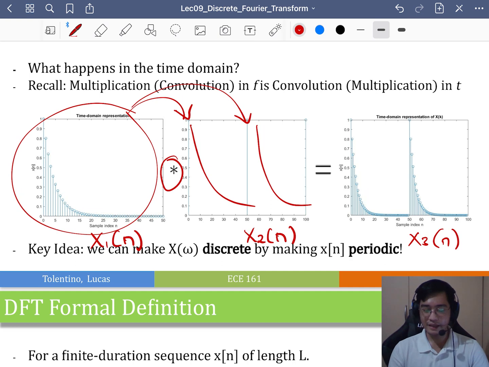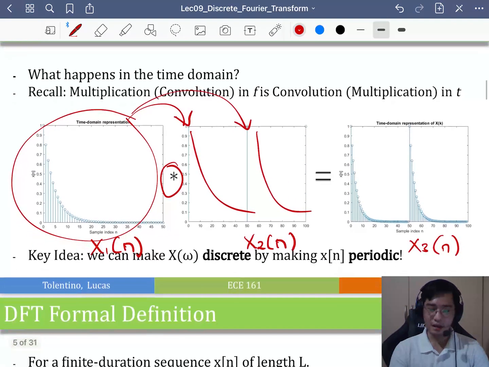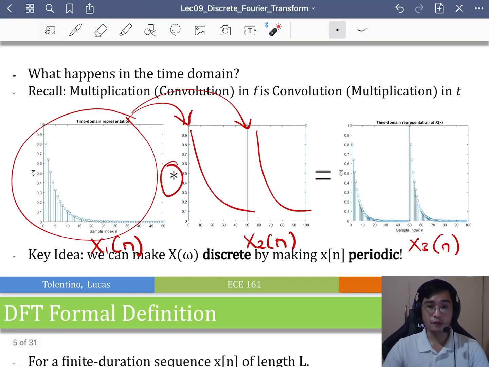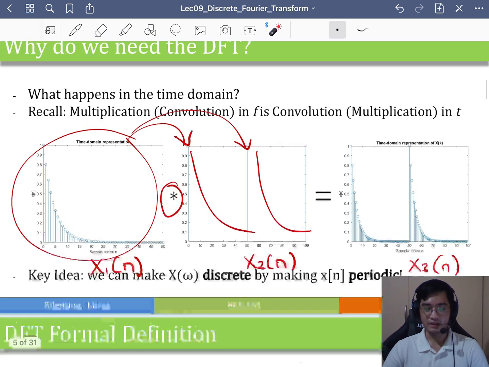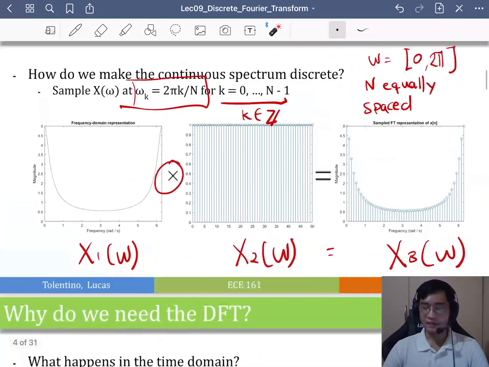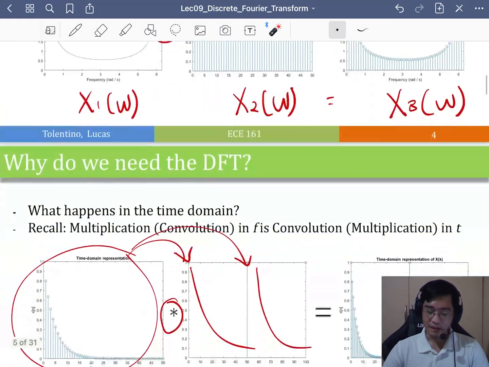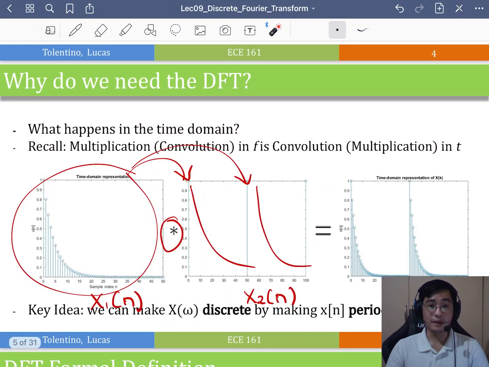Now the takeaway here is that we can make x of omega discrete, which is our motivation for the DFT, by making our aperiodic sequence periodic. If you recall, a discrete time and periodic signal is equivalent to discrete in frequency and also periodic in frequency.